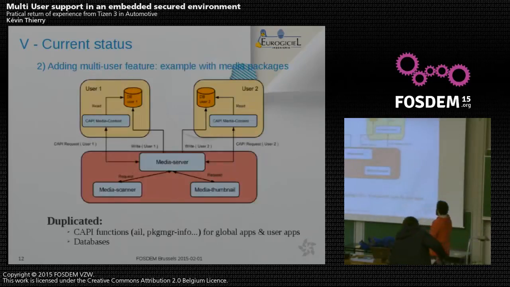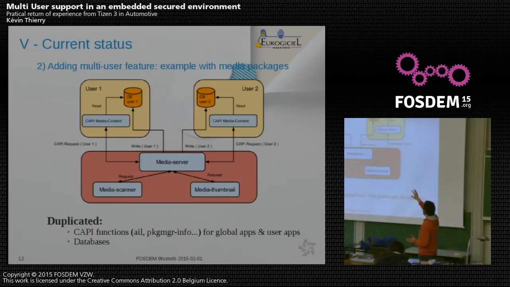So here is the example of the media package. What changed with multi-user, between what we have right now and what we had before, is that right now we have two databases that are in the user environment. Before we had only one database, and we didn't have the duplicated CAPI media content functions.